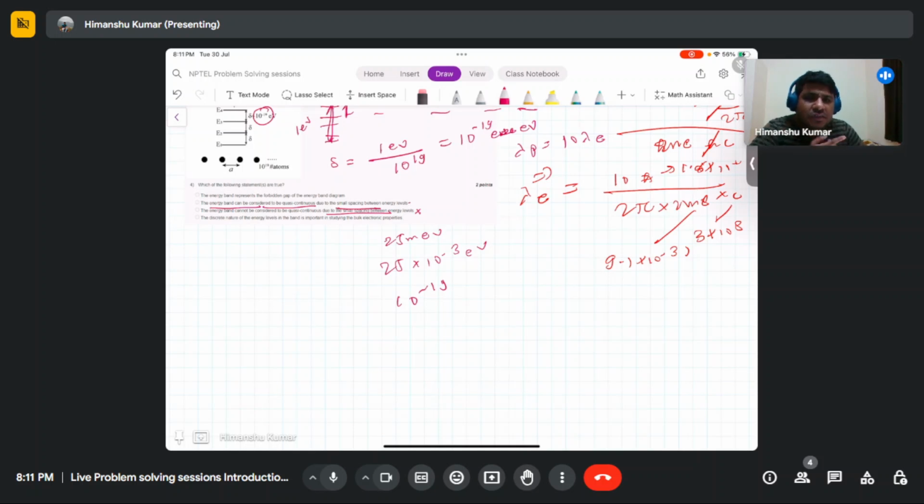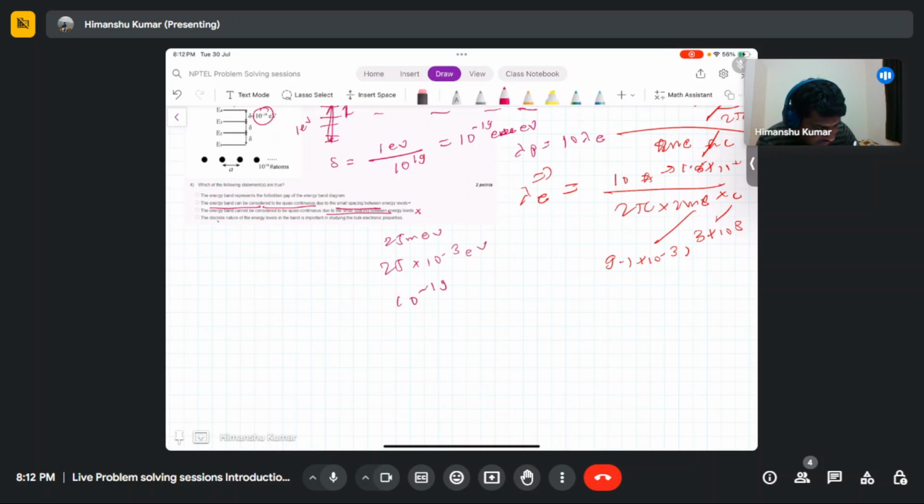Because of the small energy spacing, you can consider it quasi-continuous, because your environment is putting thermal energy into the electron, so it can jump between levels and move around in different energy levels. On average, the electron has equal probability of being found in any of the energy levels.